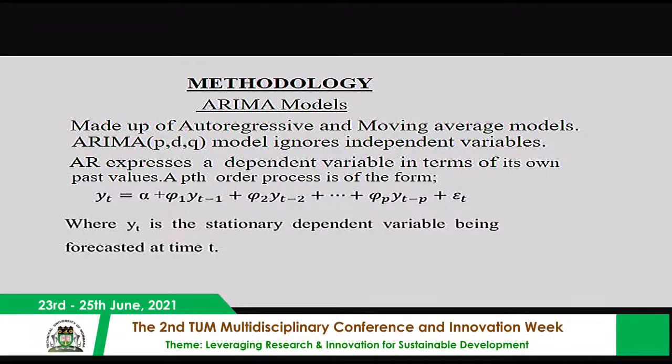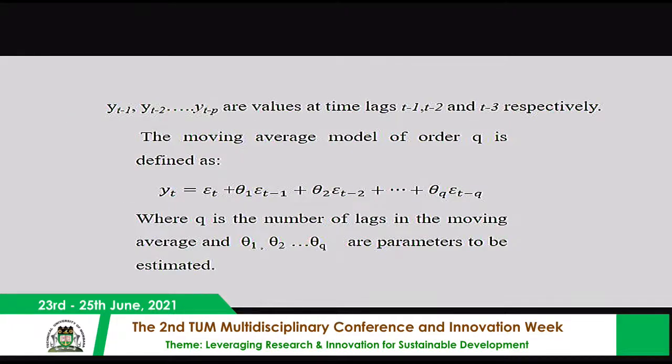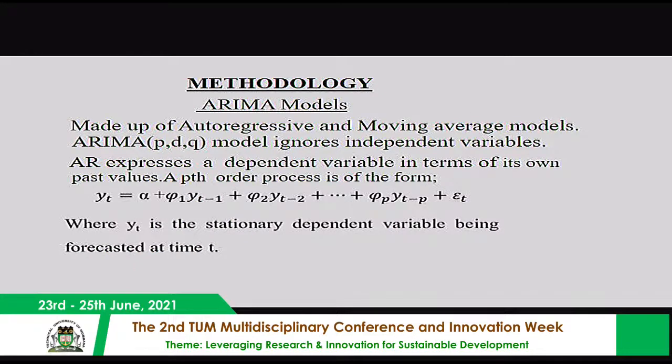So a pth order process is of the form y_t = alpha + phi_1 y_(t-1) + phi_2 y_(t-2) + ... + phi_p y_(t-p) + epsilon_t, whereby y_t is the dependent variable being forecasted at a particular time t, alpha is the constant, phi_1 up to phi_p are the parameters to be estimated, y_(t-1), y_(t-2) up to y_(t-p) are the lagged values of the variable, and epsilon_t is the error term at time t.